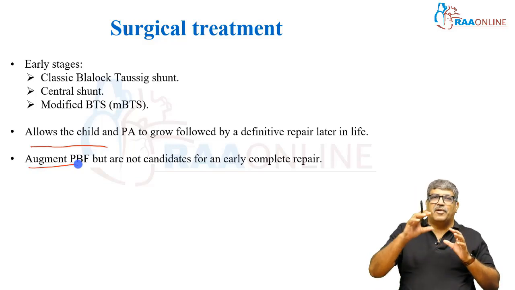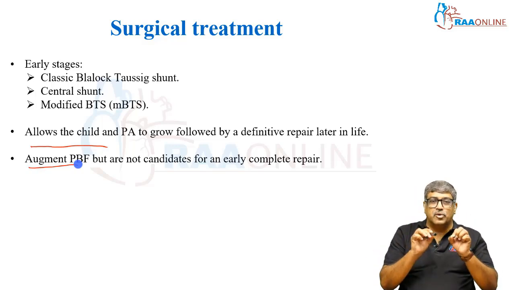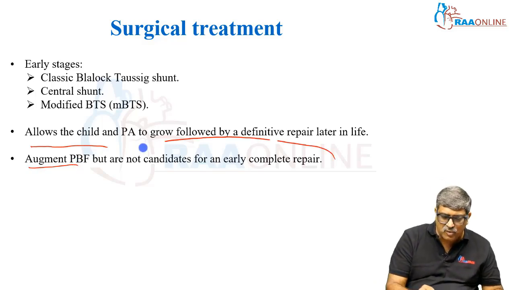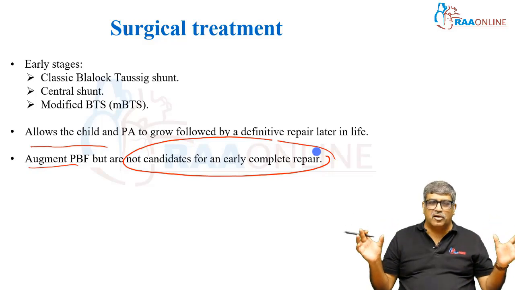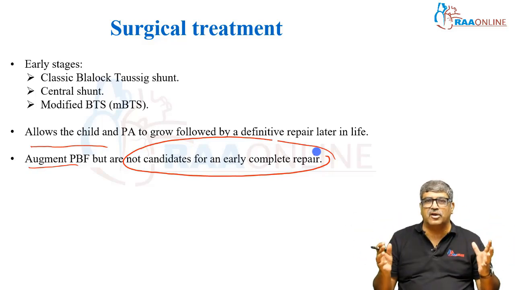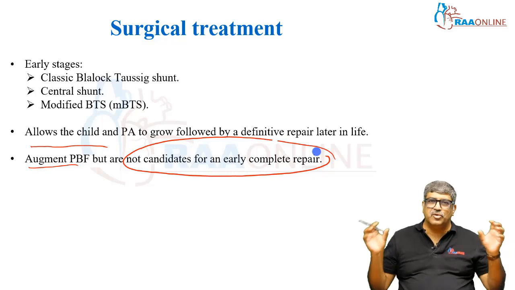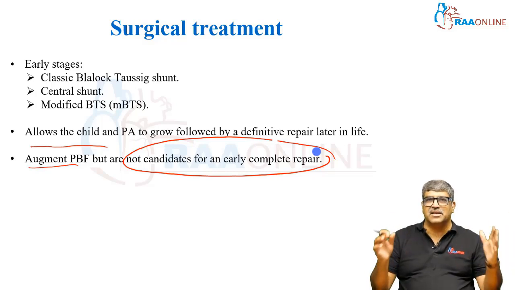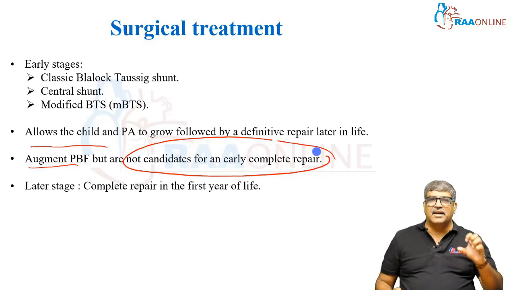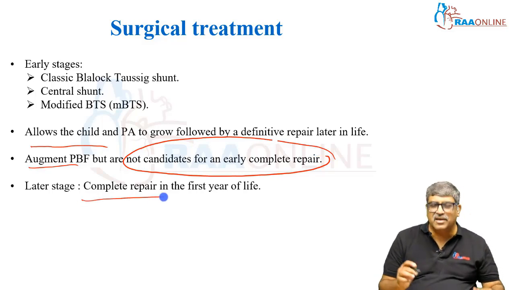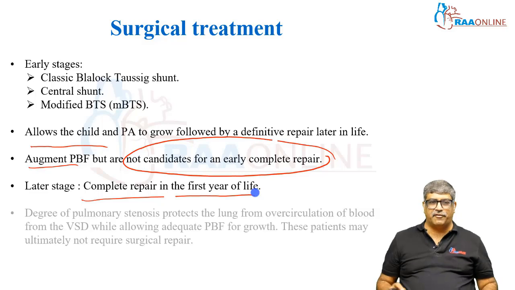Usually you do a shunt for candidates who are not suitable for an early complete repair. The PA may not be of adequate size for complete repair, so you do a shunt, increase the pulmonary artery size and then do the surgery at a later stage. Later stage means you complete the repair in the first year of life.